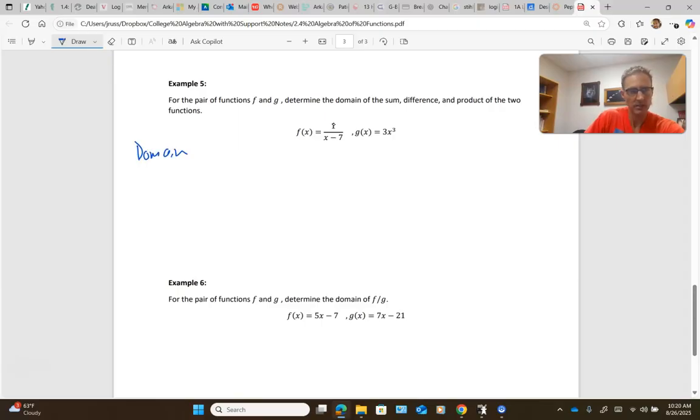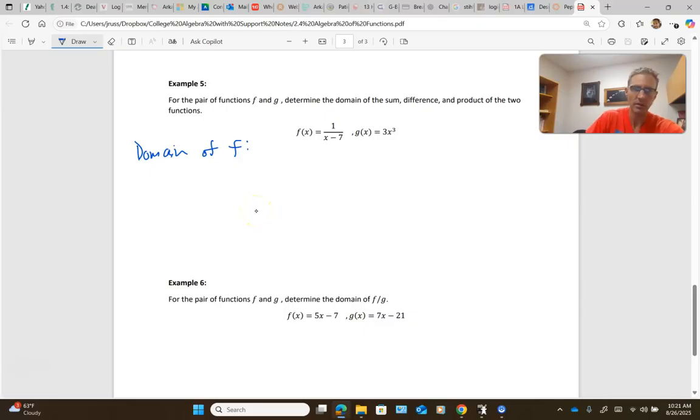In fact, because f has an x in the denominator, the domain of f is basically going to be all values of x except for 7. Because looking at this denominator right here, guys, I can see that when x is 7, the denominator would become 0, and that makes the function undefined.